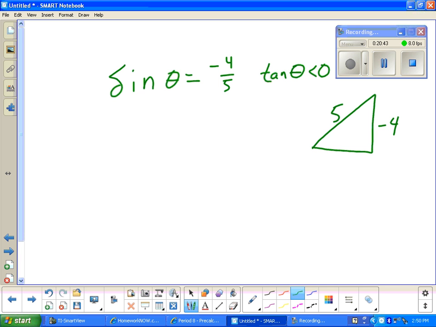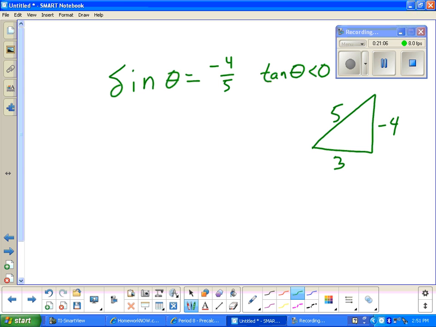I know that's the 4 direction. What's the remaining side have to be? +3. Or negative. You don't know which. But since tangent is less than 0, a negative divided by negative would have been positive, so it's got to be +3. So this has got to be +3 because of the tangent.